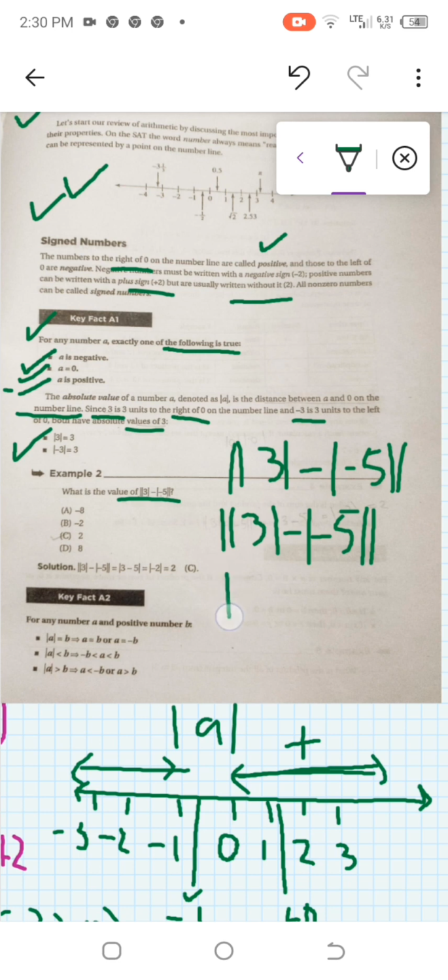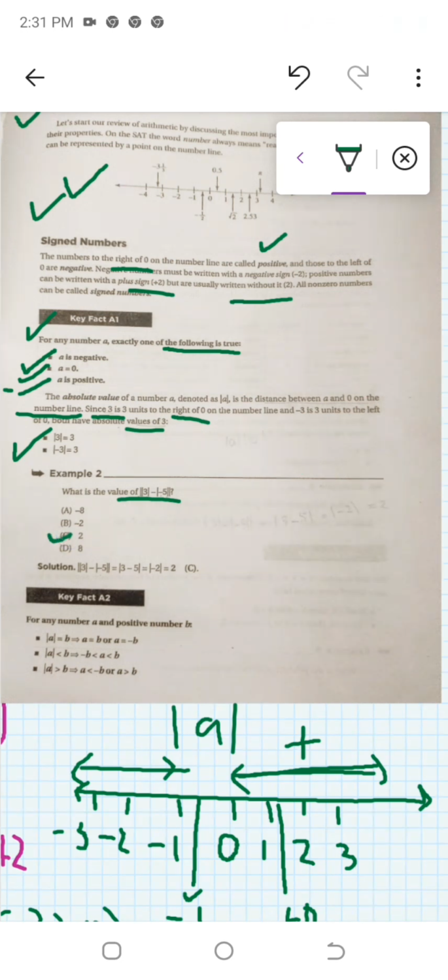Then we have 3 minus 5, which gives minus 2. When the value is inside the bar, the answer will always be positive. So here our answer is 2.